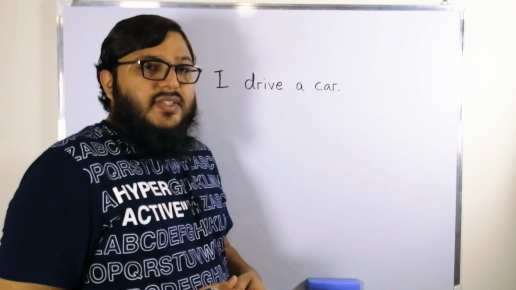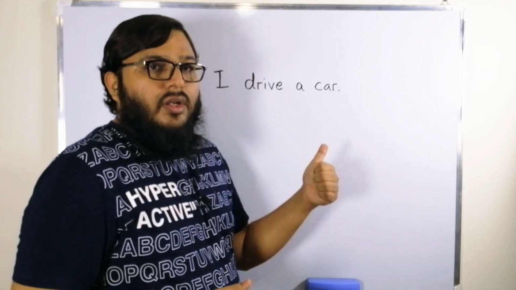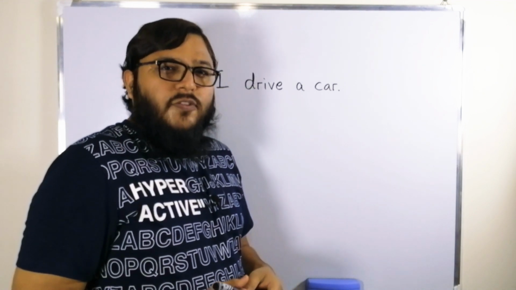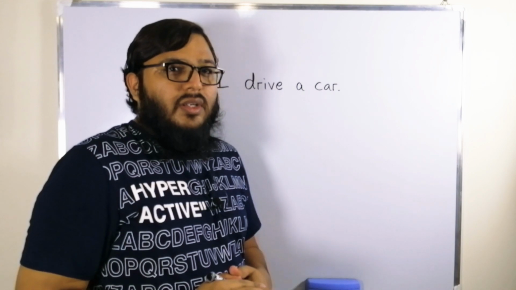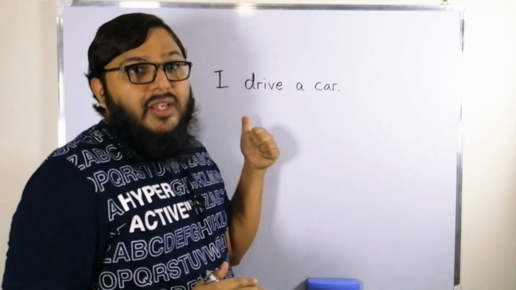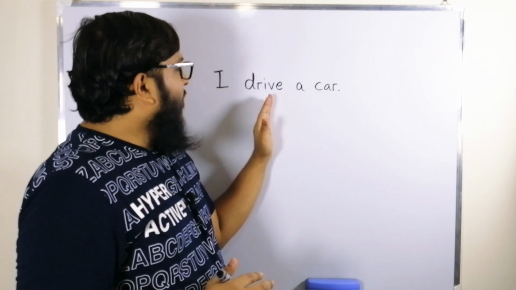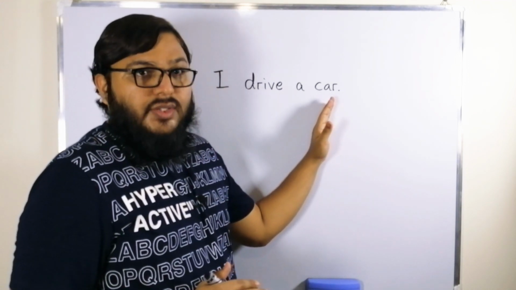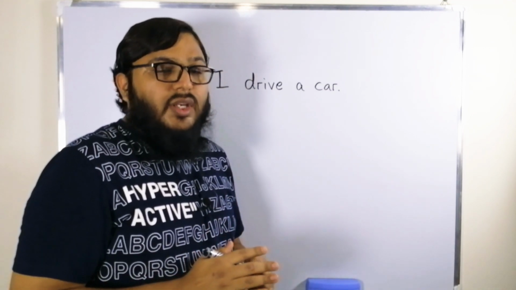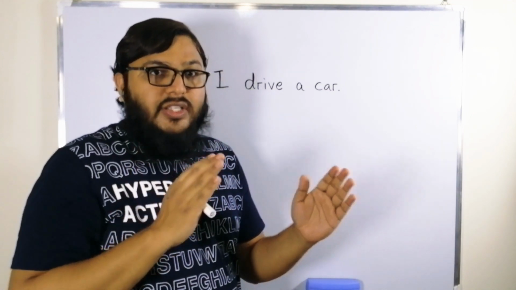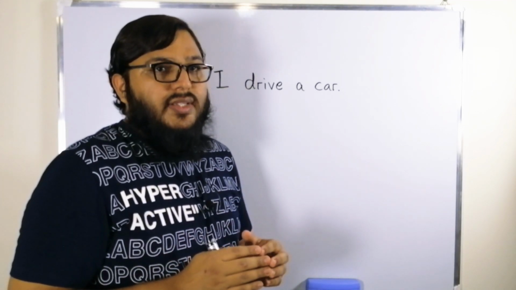If you look at this sentence on the board, I drive a car, seemingly it is a complete sentence. It has a basic sentence structure like subject, verb, and object. Whenever you have these three elements in a phrase or expression, that is called a sentence, right?